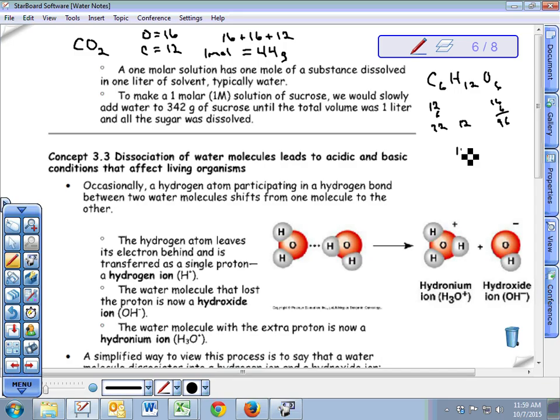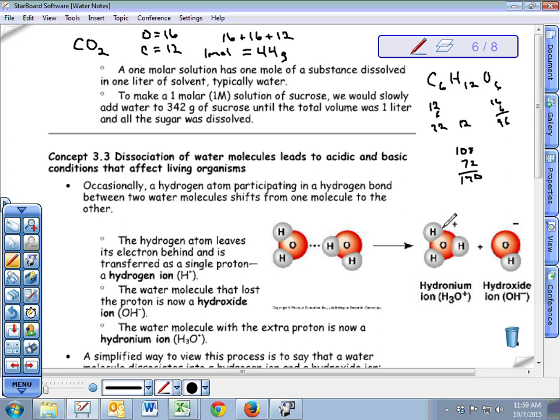So 108 plus another 72, and 170. That's a mole of sugar. Sucrose, I'm sorry, that's a mole of glucose. A mole of sucrose is going to be double that, because sucrose is C12H22O11.